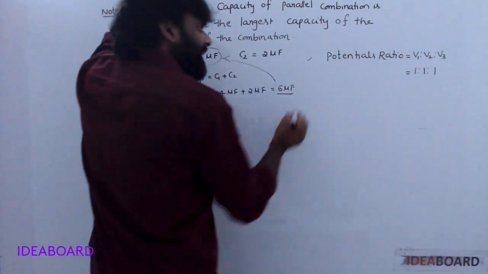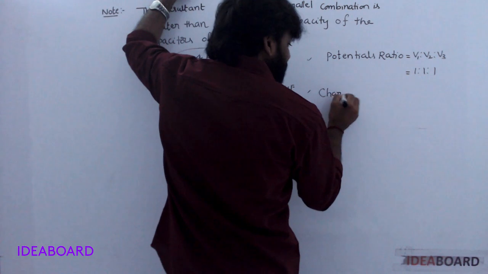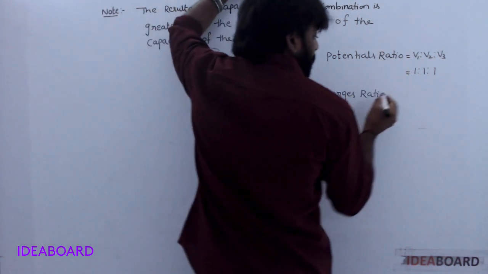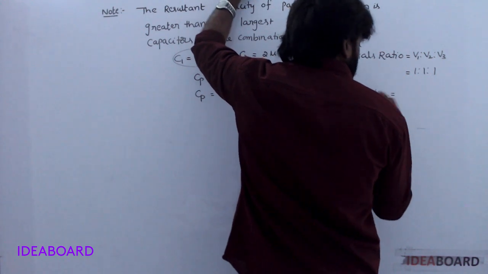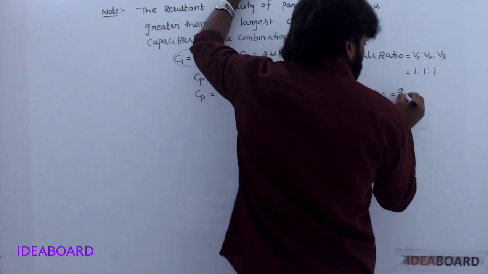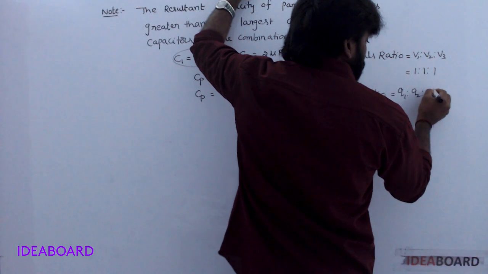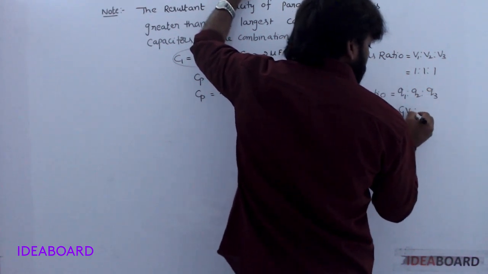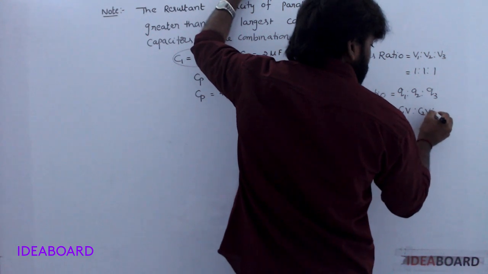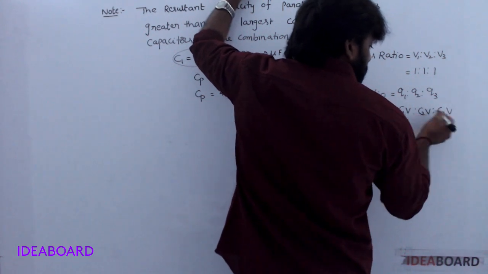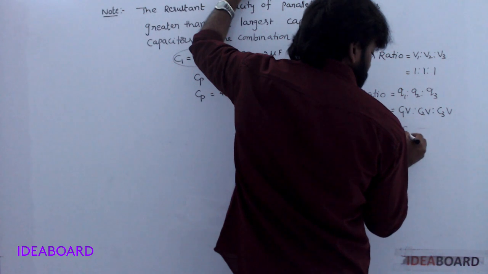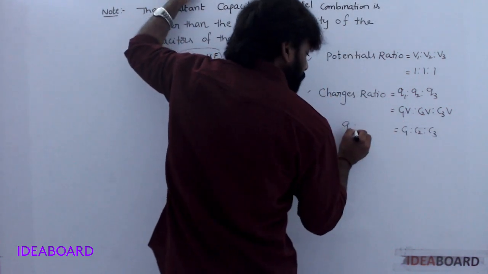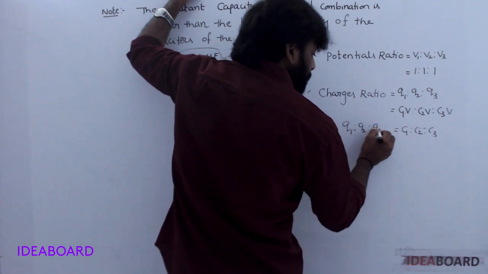Charges ratio in this parallel combination: Q1 is to Q2 is to Q3 equals C1V is to C2V is to C3V. Potential is constant, so C1 is to C2 is to C3.